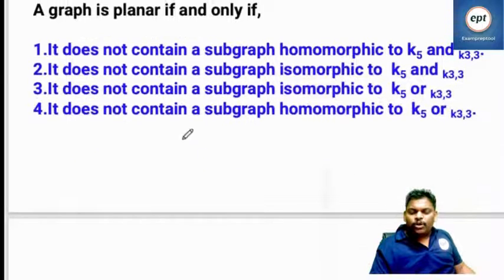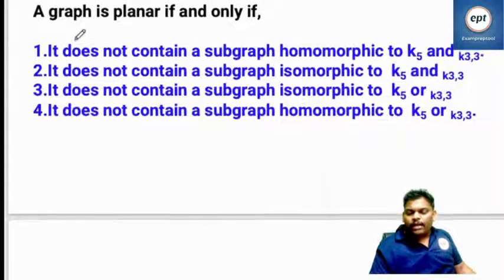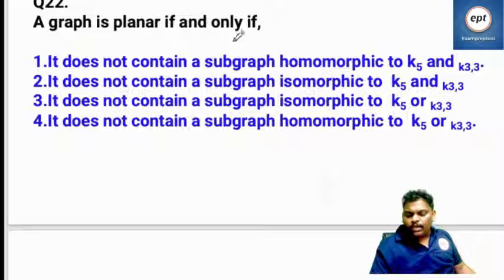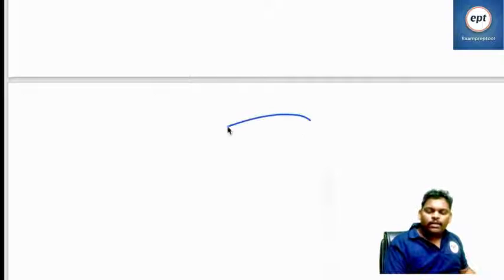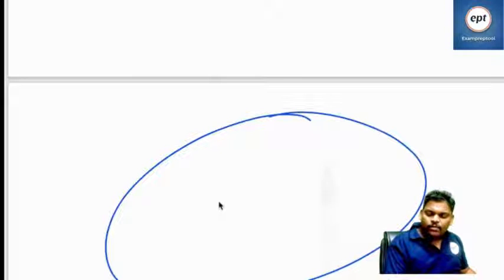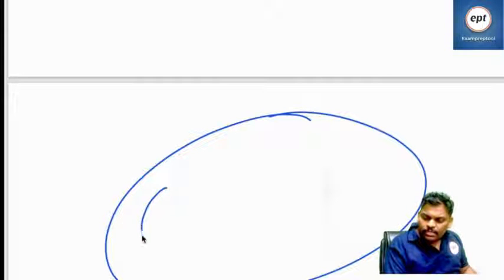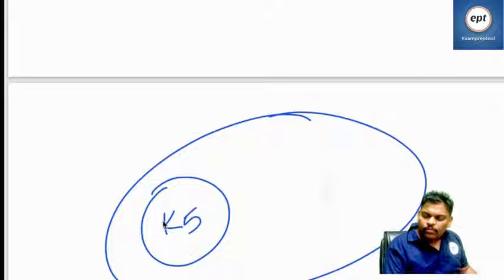And one more, this problem also everyone knows. A graph is a planar graph if and only if... You know very well. If you want to say a graph is planar, listen. Inside this graph, I don't want K5.